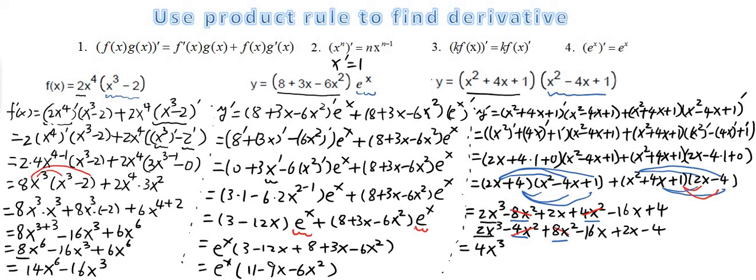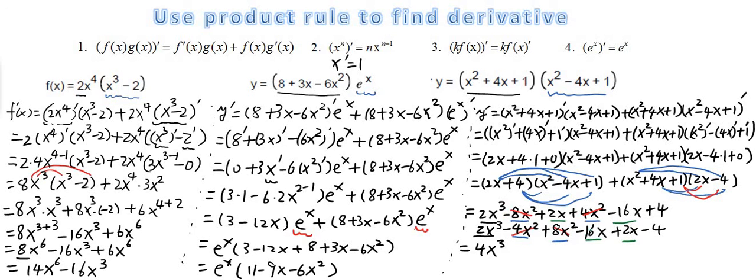Okay, now we're going to try to figure out the x terms. So here we have 2x. Here we have negative 16x, and then negative 16x, and here is positive 2x. So we have 2x plus 2x minus 16x, which is negative 14x.